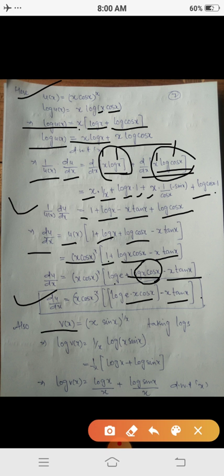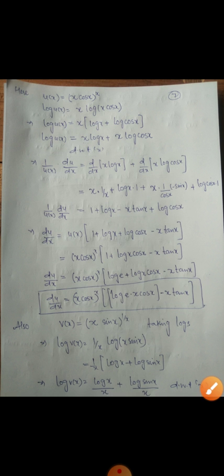Similarly, v of x is x sine x raised to power 1 upon x. Now it is a power function, so simply take logs, which gives log v of x equals 1 upon x into log x sine x. Now using log mn here, we simply get 1 upon x into log x plus log sine x. By multiplication, we get log x upon x plus log sine x upon x.